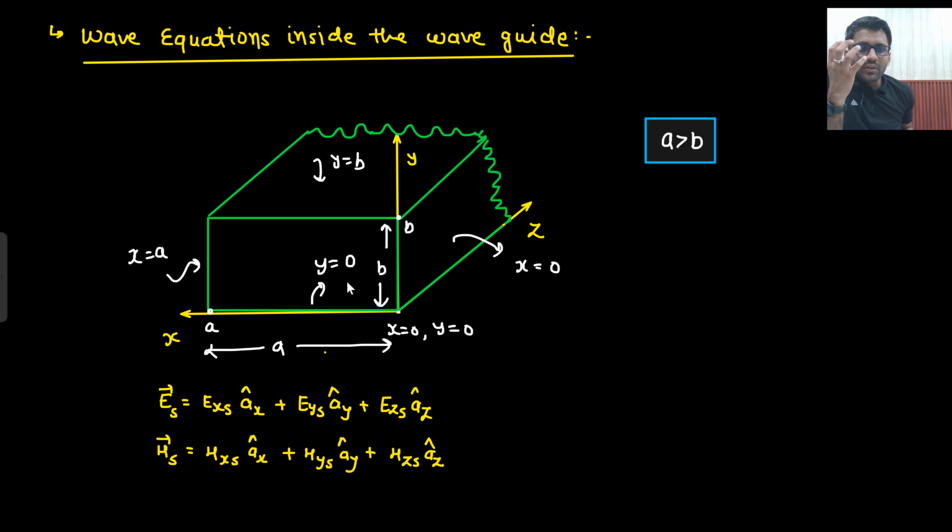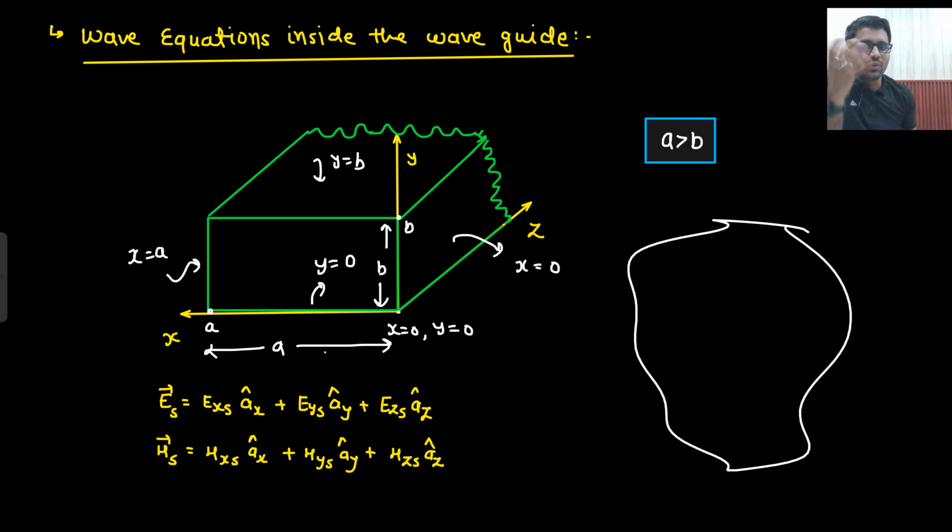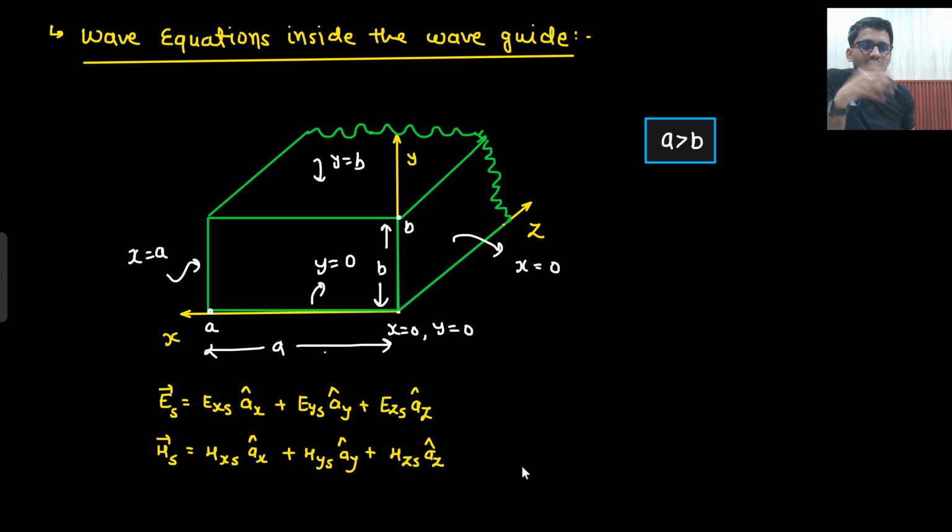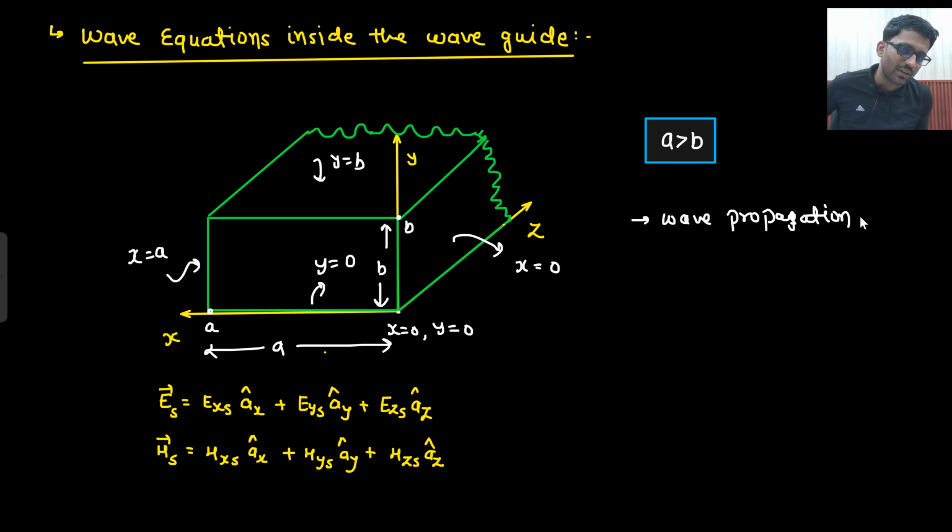Now in EM wave propagation in open space, there was no conducting surface, there was no waveguide. If the EM wave was propagating in open space, then E_zs would have been 0, because the wave is propagating in z direction. Here I can write: wave propagation in positive z direction, and standing waves in x and y direction.